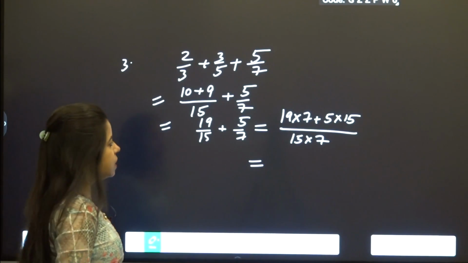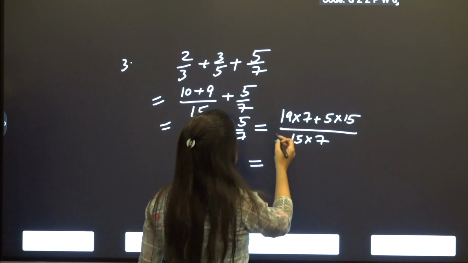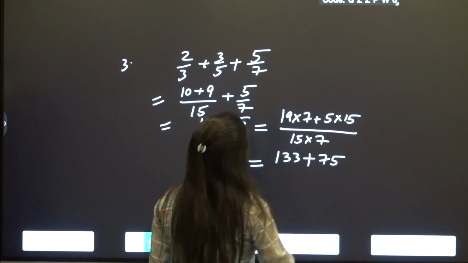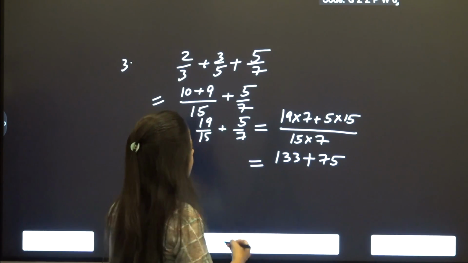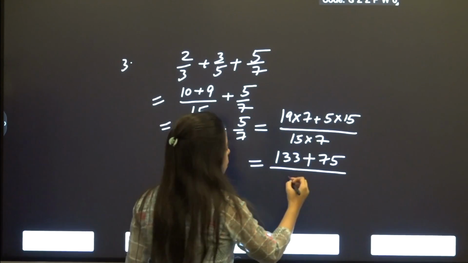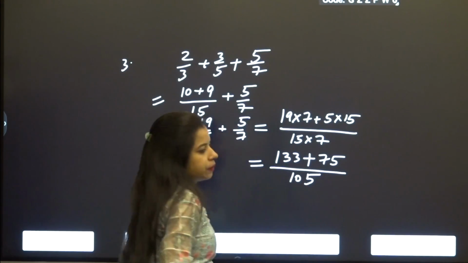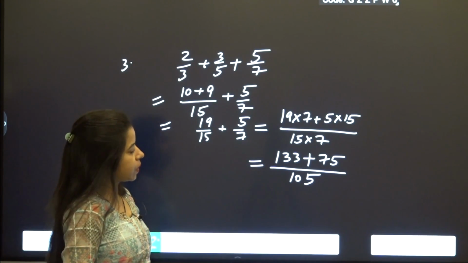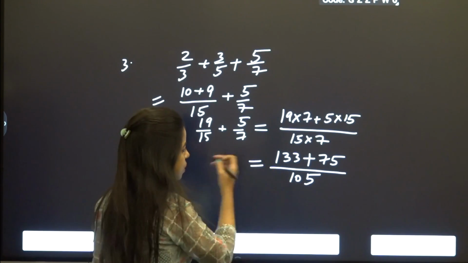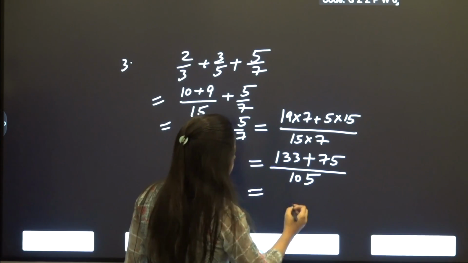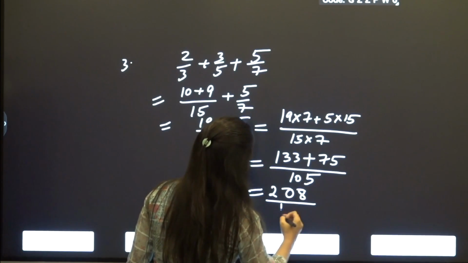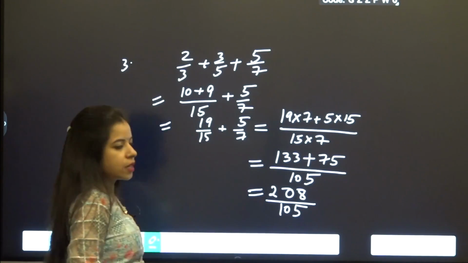Now 19 into 7 is 133 plus 75, and the denominator, 15 into 7, is 105. So this is 802 upon 105. This is the answer.